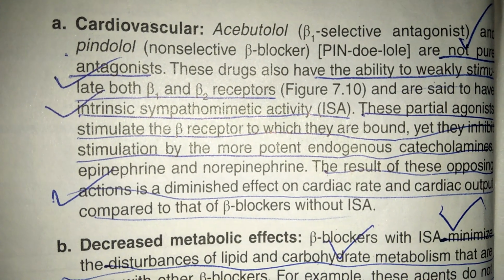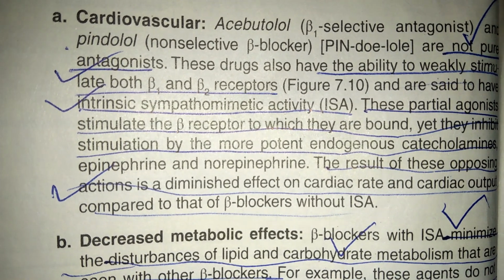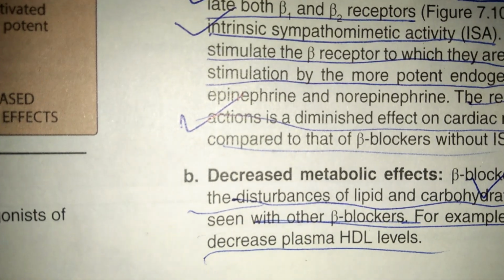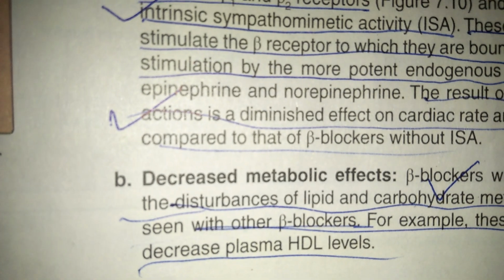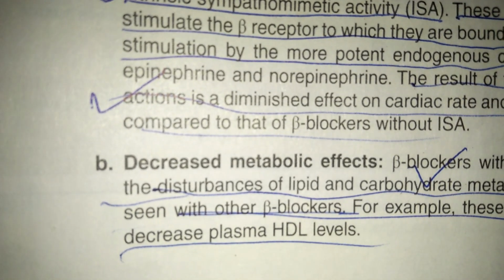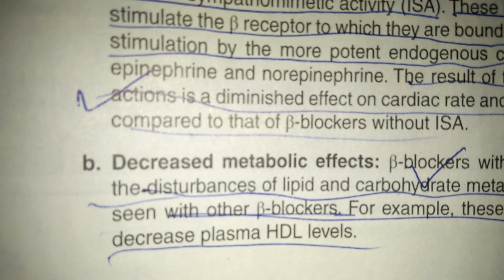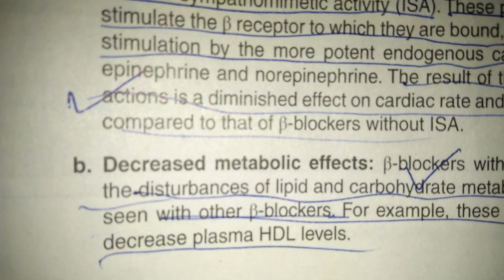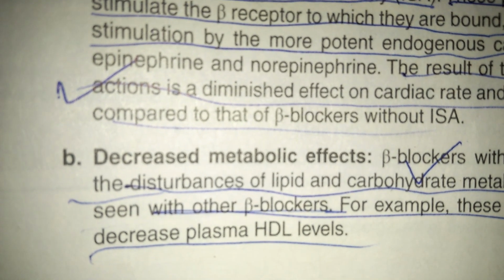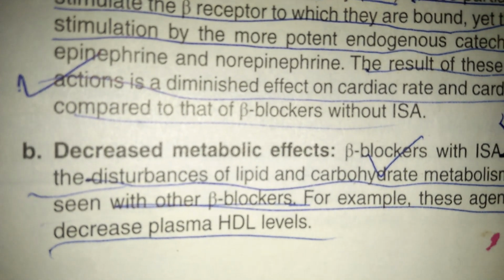compared to other beta blockers without intrinsic sympathomimetic activity. And you can see they're also less likely to cause metabolic effects as seen with other non-selective beta blocking agents without intrinsic sympathomimetic activity.